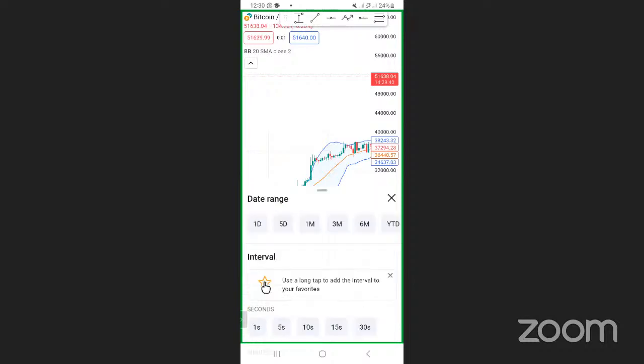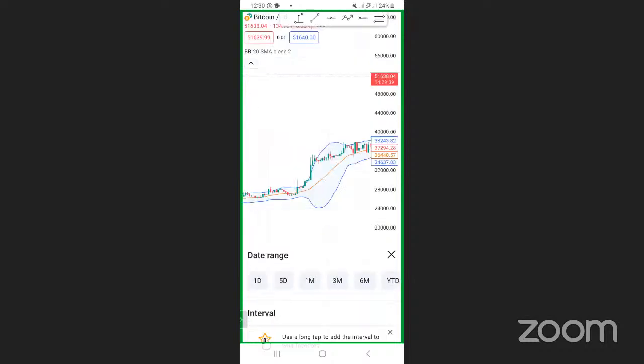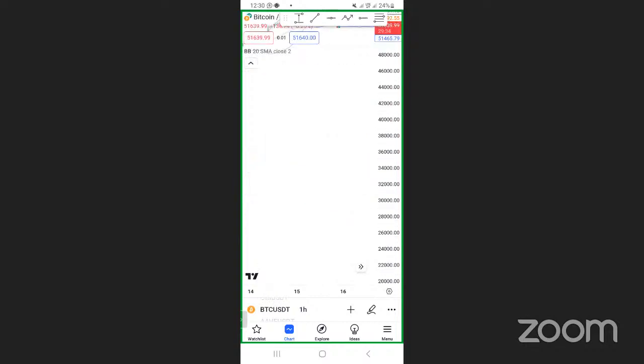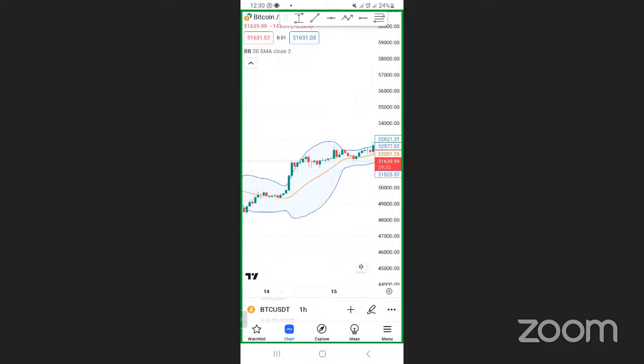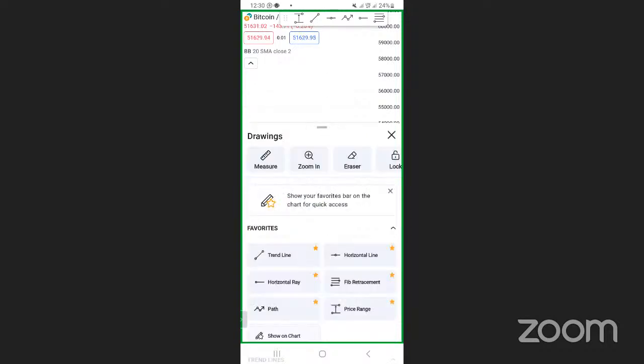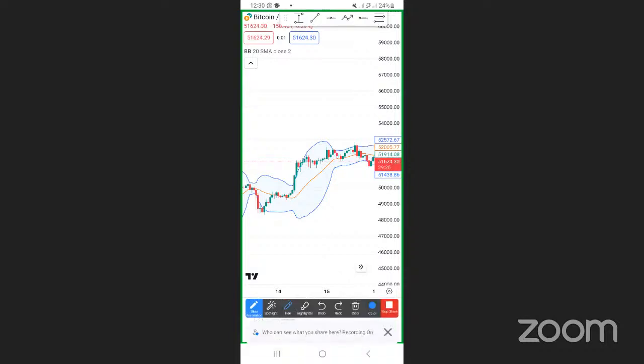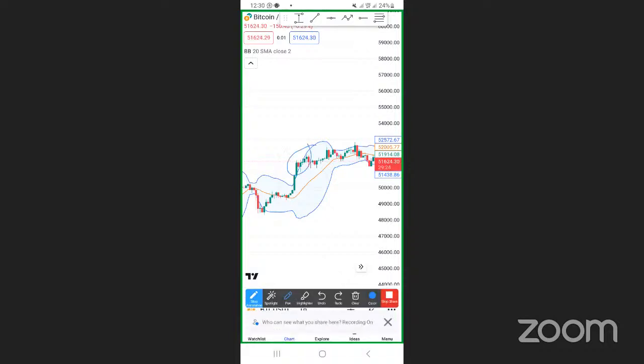Let me go to 1 hour time frame and you see it better. Every time we go past this band, we overstretch, they push us back until we come back to the moving average.